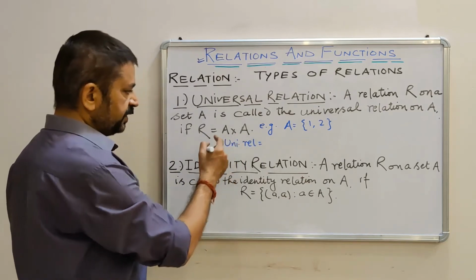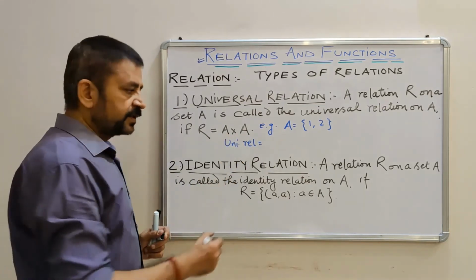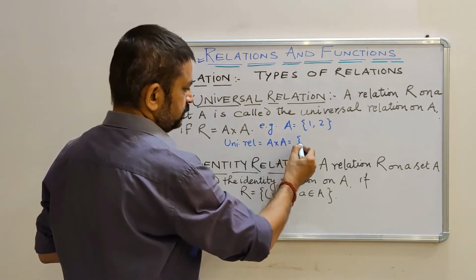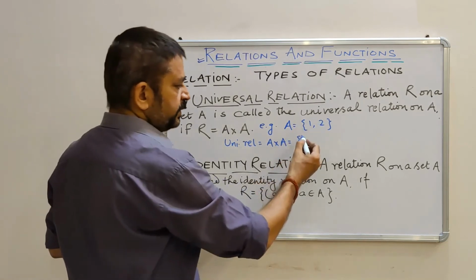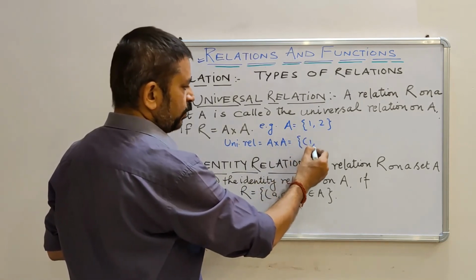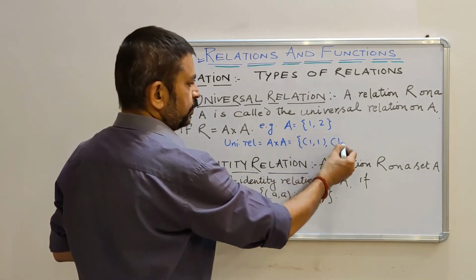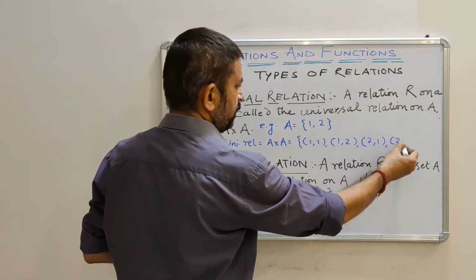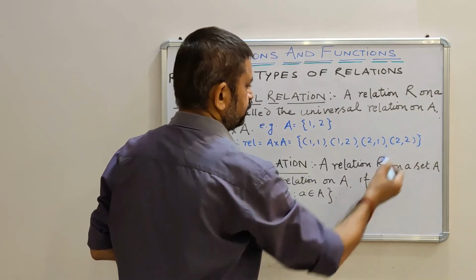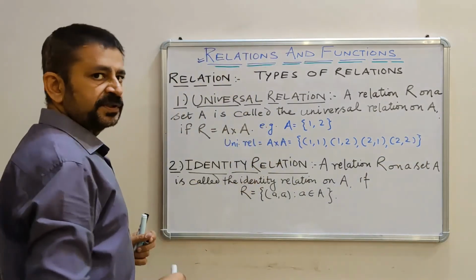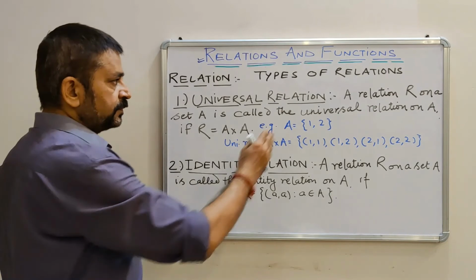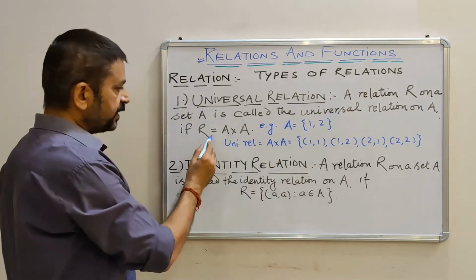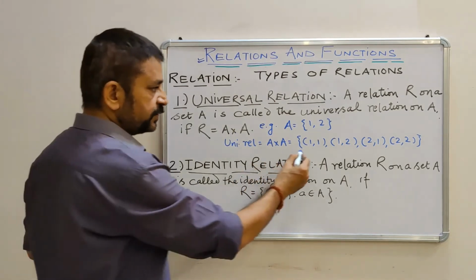As per the definition, A cross A will represent the universal relation. So, just form A cross A. What will be the value of A cross A? (1,1), (1,2), (2,1), and (2,2). So this is your universal relation.